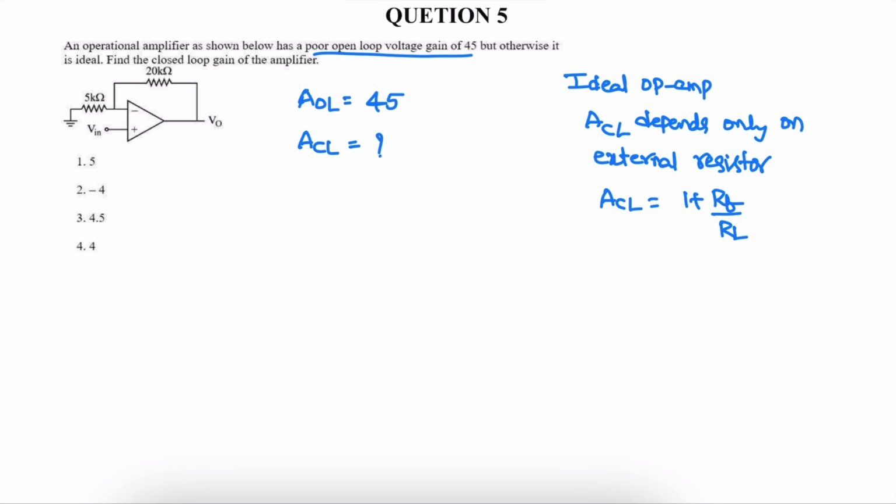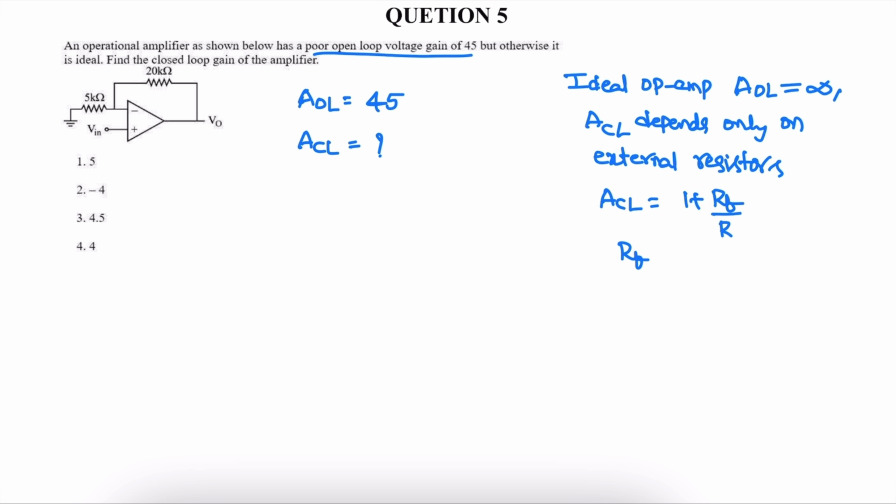For ideal op amp, open loop gain is very high, so ideally it is infinity. In that case, closed loop gain depends only on external resistors, where RF is a feedback resistor, RF by R1.